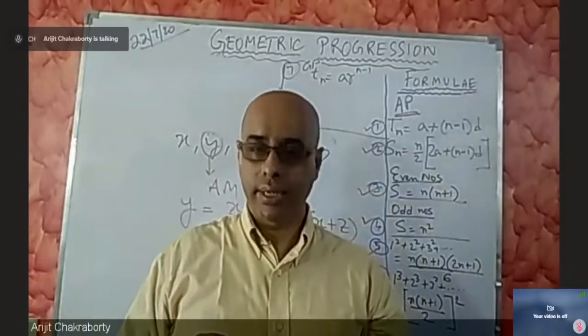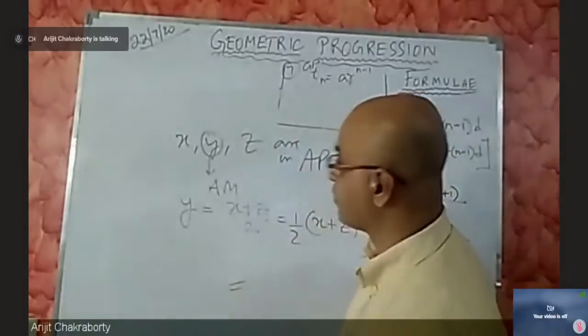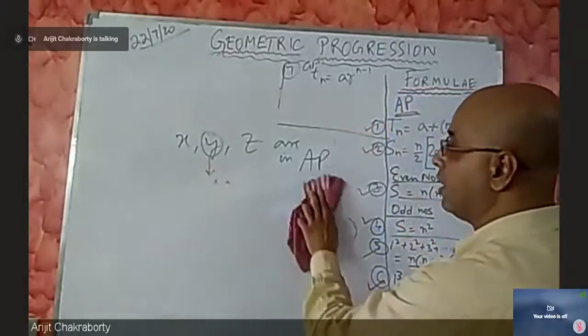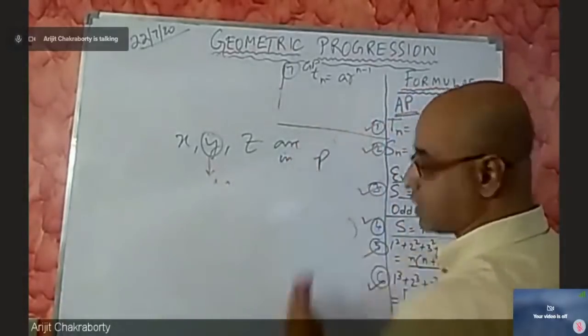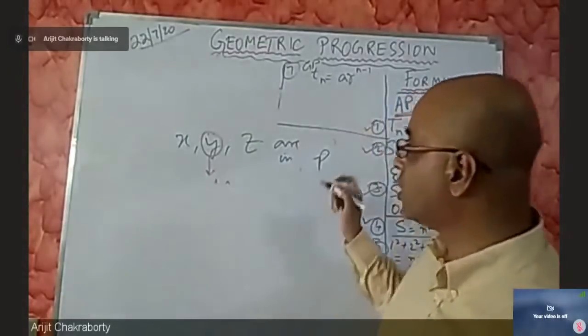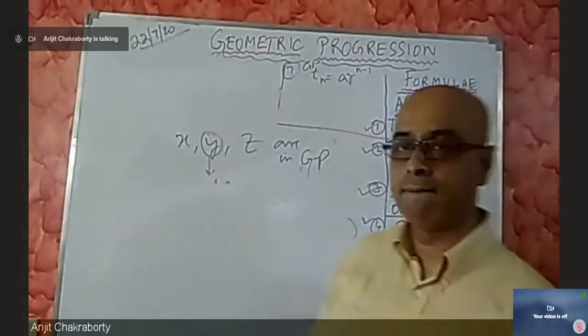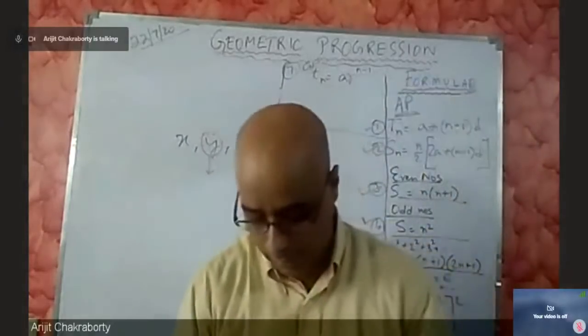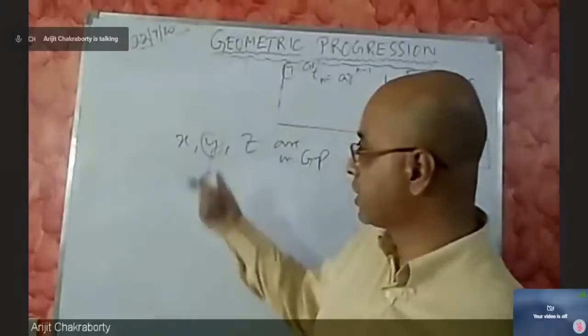Please remember. Now for geometric mean, what will happen? If I say that X, Y and Z are now not in AP but in GP, then what is the relation?